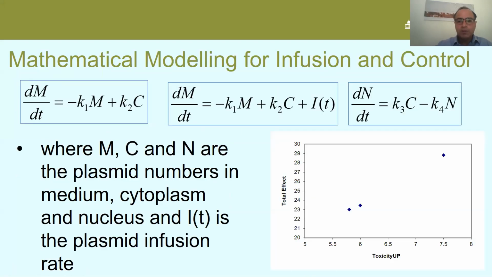As I mentioned earlier, we have developed this mathematical model, which I'm not going to go into the detail of, but just to show you a glimpse of what sort of mathematical model it looks like. What we have here is a trade-off. You would like to increase the effect or the amount of genetic material entering the nucleus, but as you can see from the dots or the diamond points that I have here, as we try to increase the effect, the toxicity also increases.